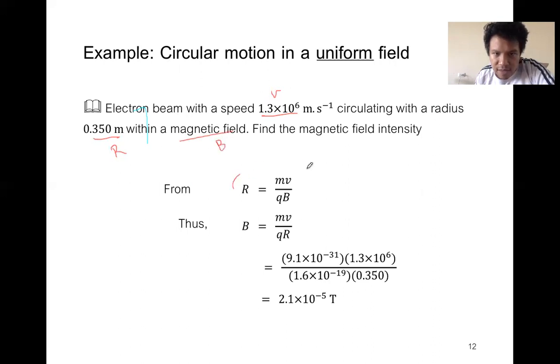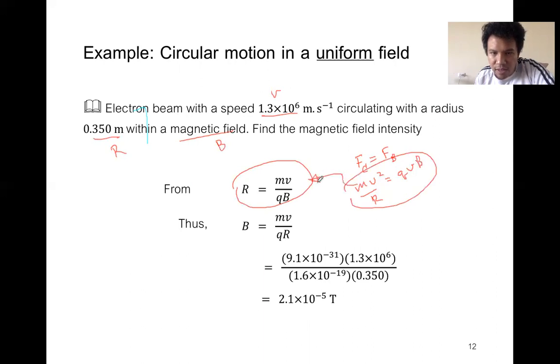We can easily get the relationship from FC equals FB, where FC is mv squared over R, and FB is QVB. You can use this relation with the given R, with the given B, and when you say electron, you know the mass of the electron and with the Q, you know the charge of the electron.